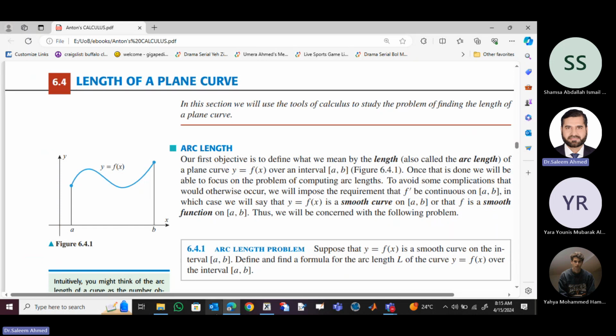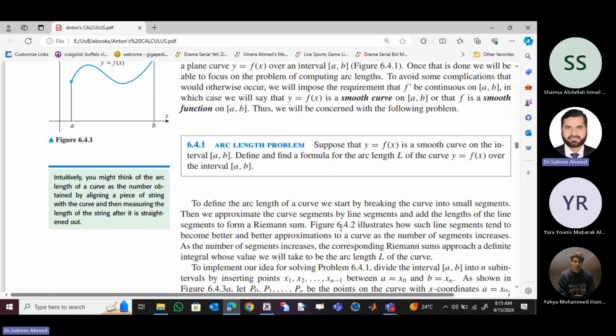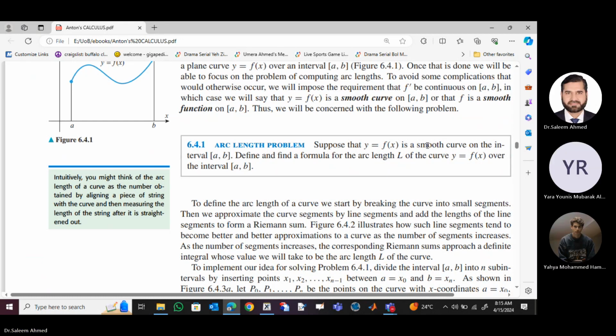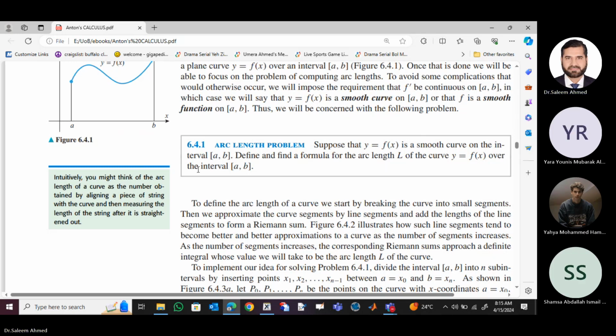So our problem is that a function is given. Suppose y is a smooth curve on the interval AB. Define and find a formula for the arc length L of the curve over the interval. So what is a smooth curve?